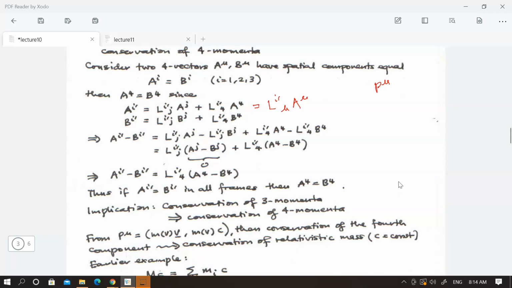Similarly, for your case of your vector B, if this is the components in the dash frame, then it has to transform with the undashed frame in this manner, just like the case of A. So this is Li dash nu B nu.